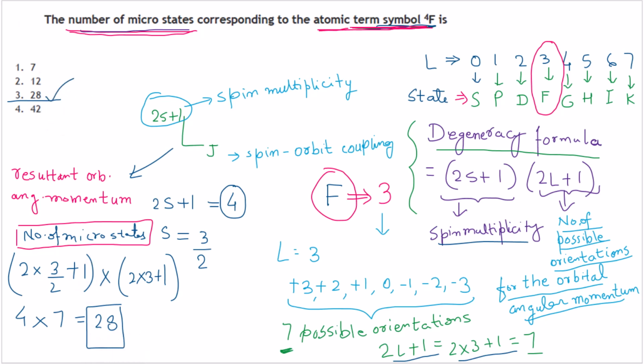In this question, you have to take care that it does not ask for the microstates of a particular electronic configuration, but for a particular atomic term symbol. There is a difference between these two.